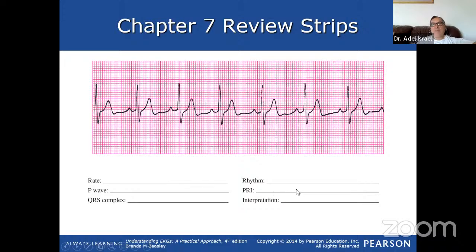It will be the time of the PR interval. Then you report on the QRS as a time, how much in seconds, and if it is narrow or not. Then you put the interpretation. You would say that this is normal sinus rhythm.